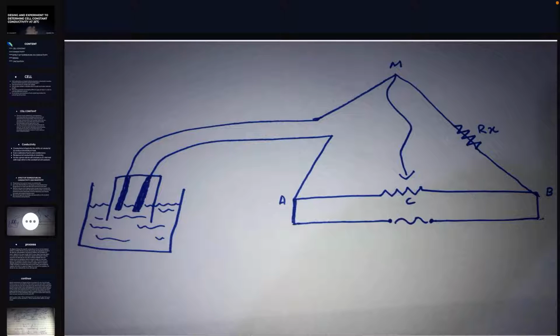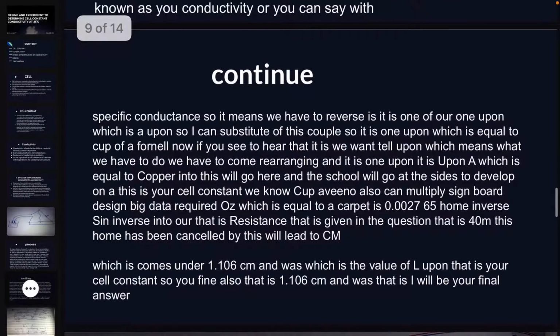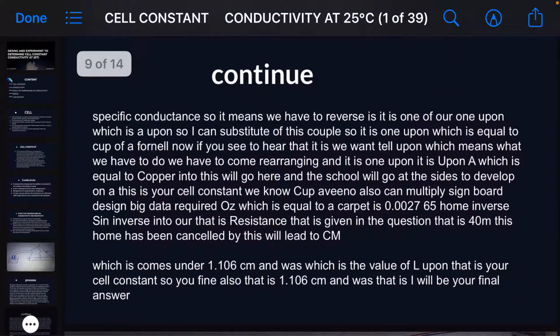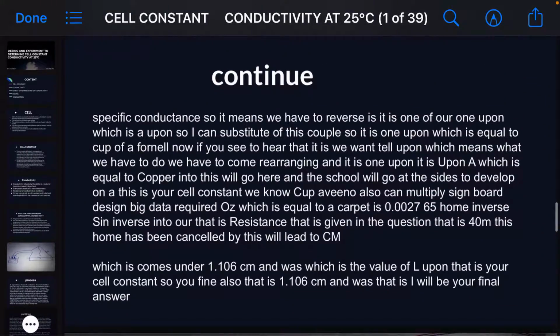This is a great relation, which tells us about the relation of the cell constant. Next, there is another point written here, specific conductance, which is the reciprocal, one upon resistivity, so I can substitute.